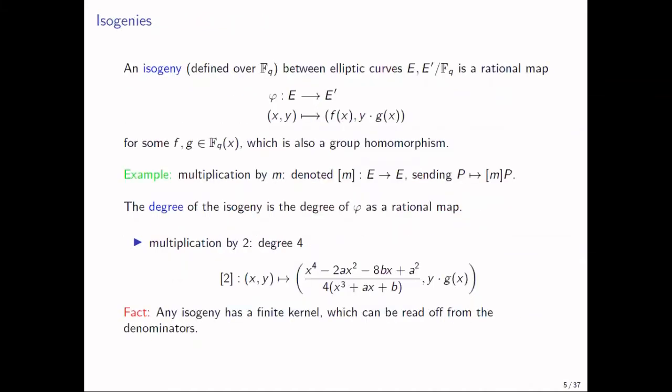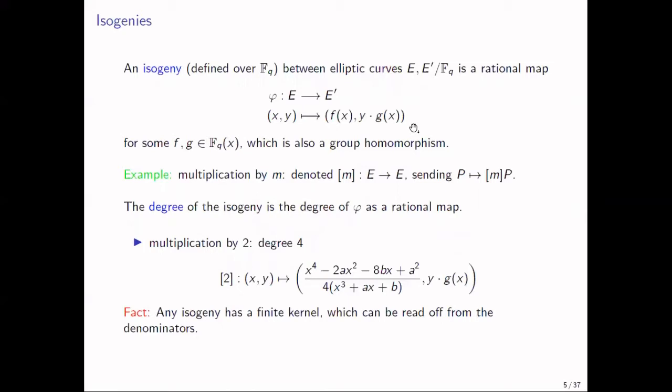Right. Now I'm going to talk about isogenies. Isogenies are maps of elliptic curves as algebraic groups. First of all, they're algebraic maps, given by rational maps. And they're also group homomorphisms.